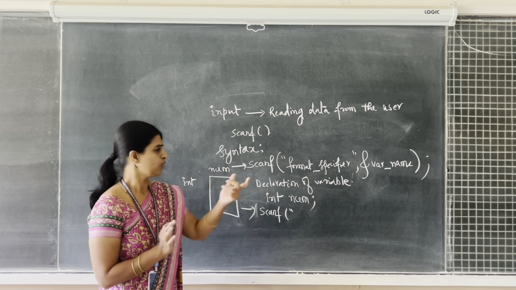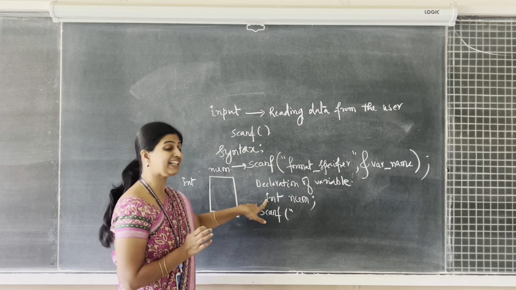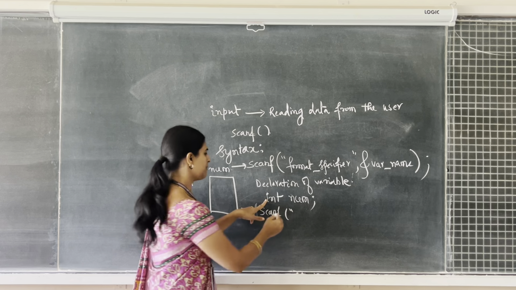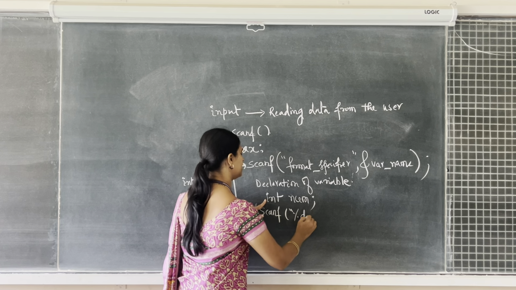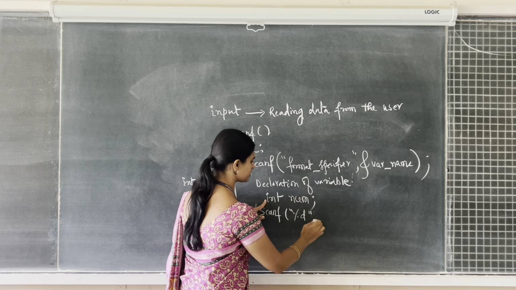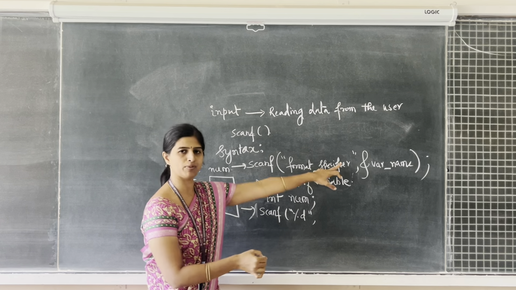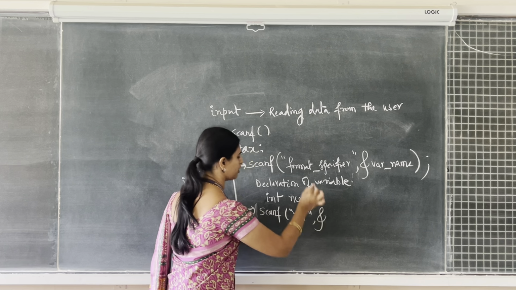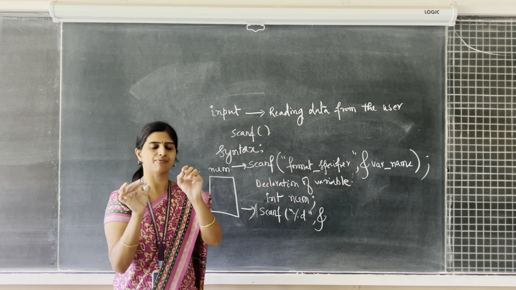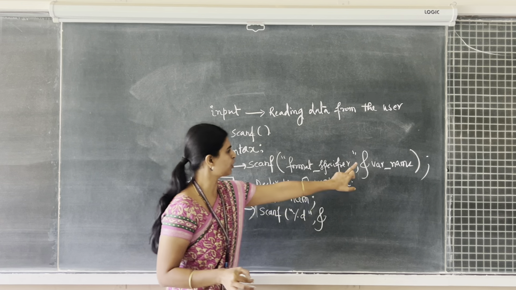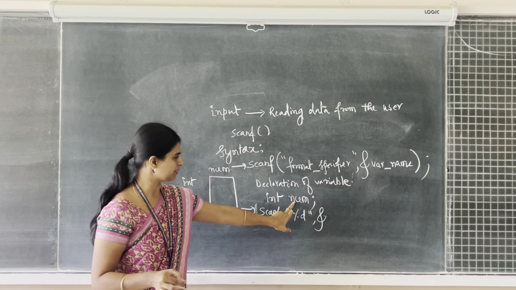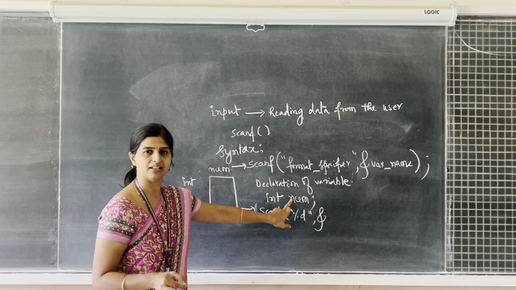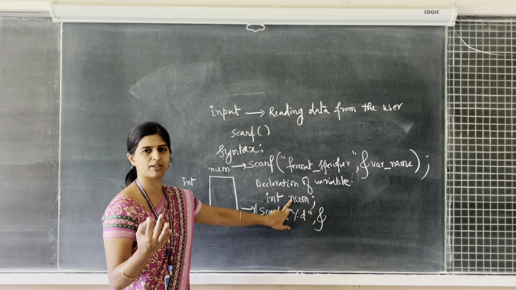Students, now you know what the format specifier for integer data type is. It is nothing but %d. Then complete the double quotes, put a comma. Then it should be followed by the ampersand symbol. Why we use ampersand, I will explain. Followed by the variable name. The variable name that I am considering is num. I am reading the value for the variable called num.